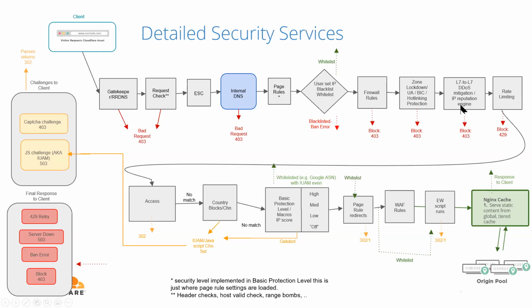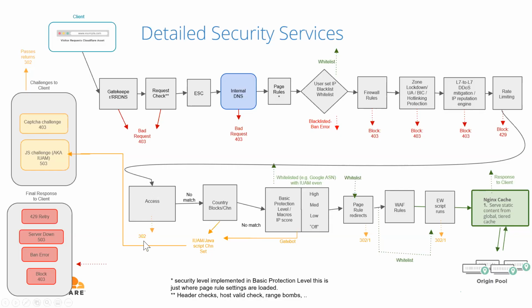If it is marked as bad, then Cloudflare will do a block, or it can do a captcha challenge as well. Moving on will be rate limiting. So rate limiting will check whether a certain IP source has hit a certain threshold, like how many times it has hit Cloudflare resources.